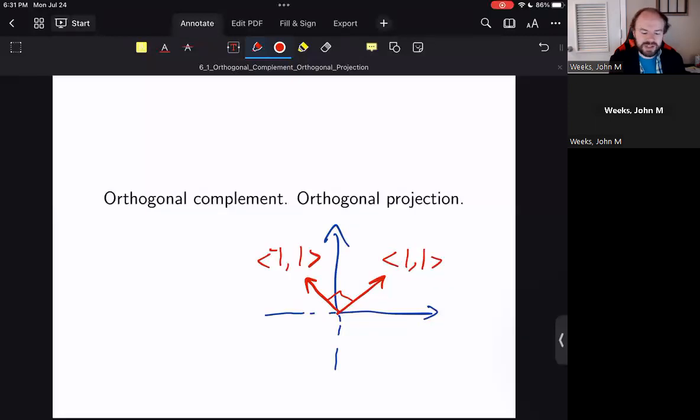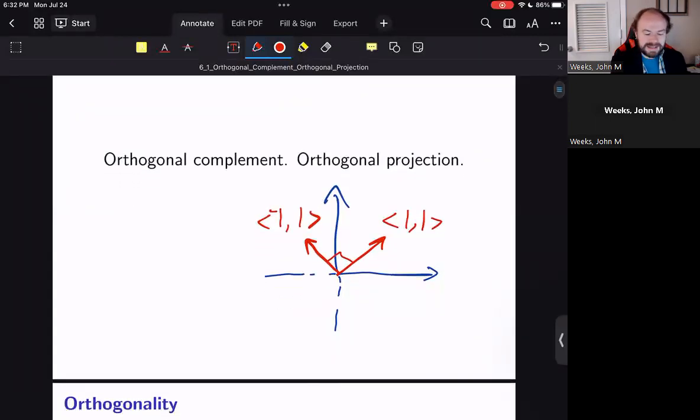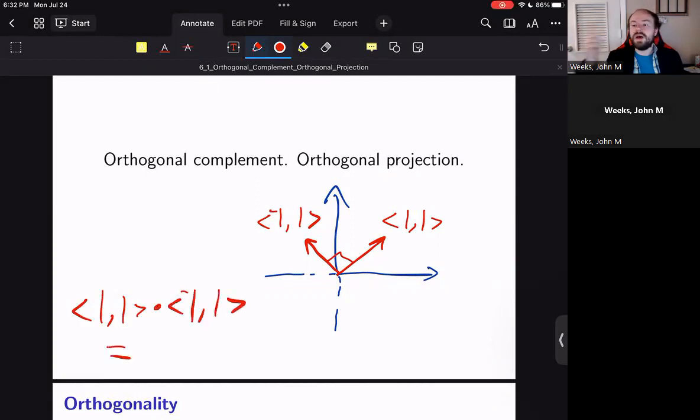Algebraically speaking, we can just say something like this. We could say that taking these two vectors, the dot product of these two vectors is going to be equal to, well, let's find out. The dot product, recall, is the product of the first plus the product of the second components. So you get -1 plus 1 equals 0, we would expect for these two vectors to have a dot product of 0.